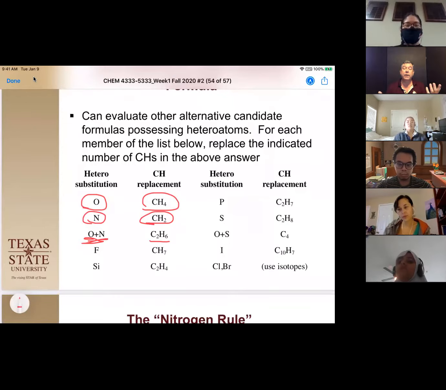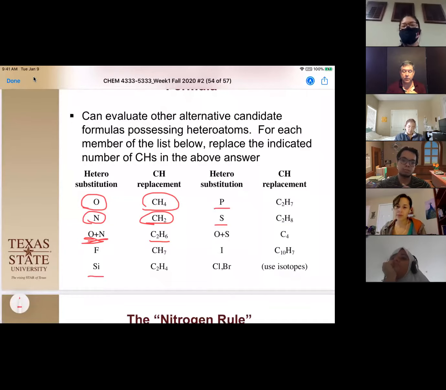Fluorine has a molecular weight of 19, so 12 plus 7 hydrogens makes 19. And then it gets also silicon, phosphorus, sulfur and oxygen. Now, once we get up to halogens right here, fluorine and iodine only have 1 isotope, okay?